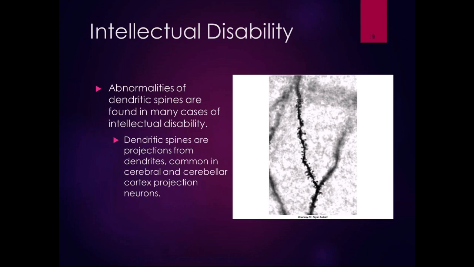Abnormalities of dendritic spines are found in many cases to cause intellectual disability. Dendritic spines are projections from dendrites that are common in cerebral and cerebellar cortex projection neurons. So a lot of times when you have a developmental disorder, there is a physical cause of it.